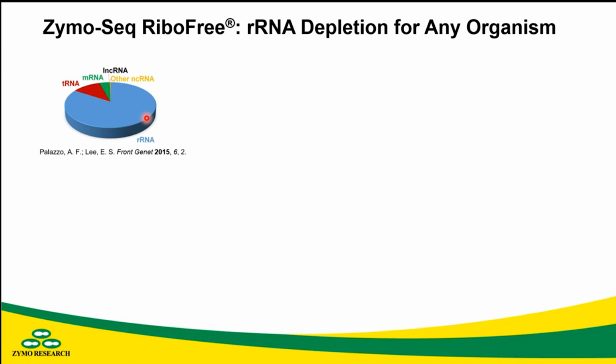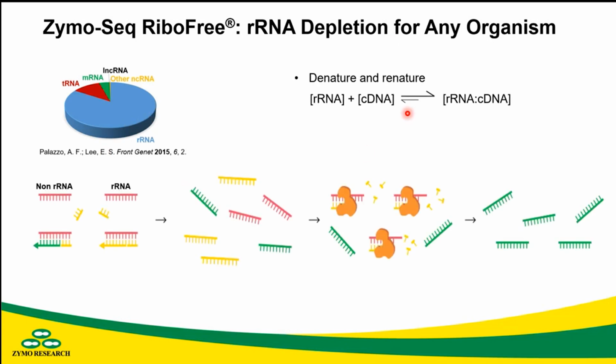They are so overly abundant, they will drive the depletion of the cDNA coming from them. So after reverse transcription, or cDNA synthesis, we will denature the DNA-RNA hybrids and try to renature.